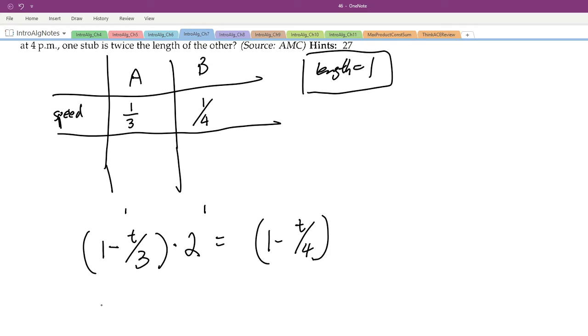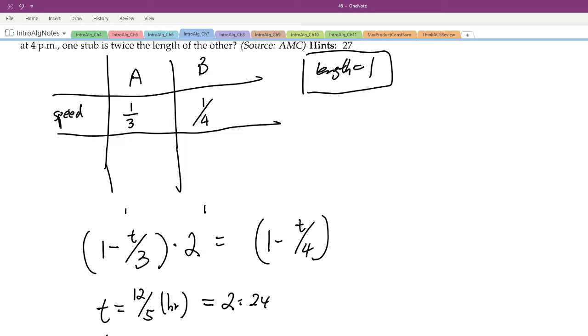When you solve this, you get t equals 12 over 5 hours, which is about 2 hours and 24 minutes. So at 4 p.m. it has already burned 2 hours and 24 minutes.